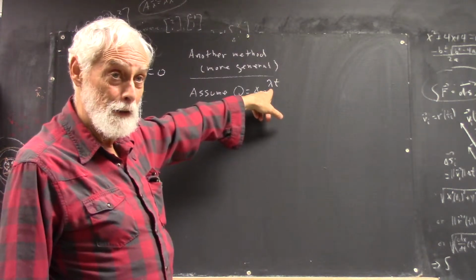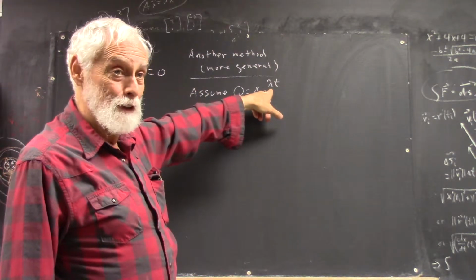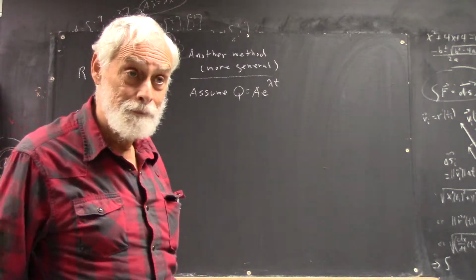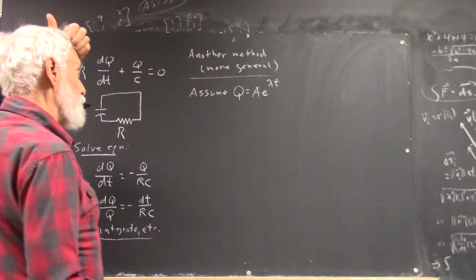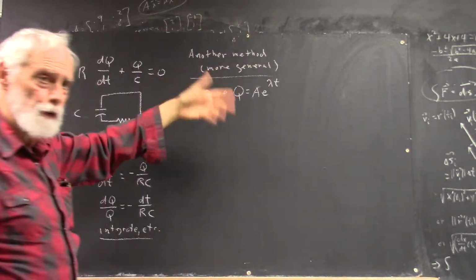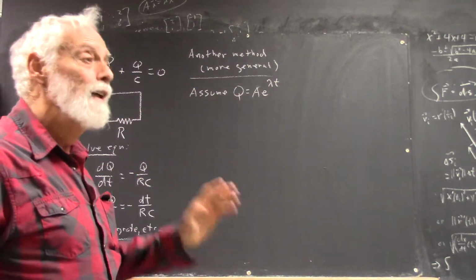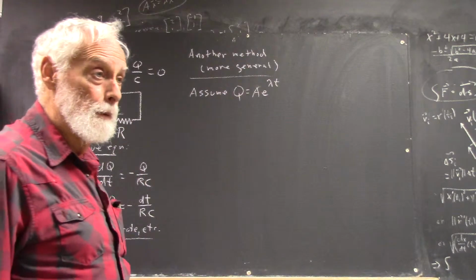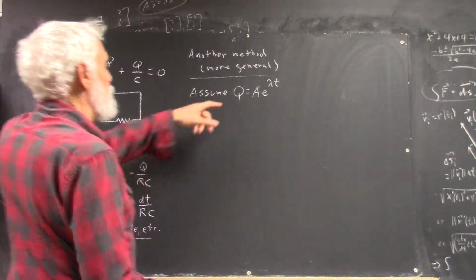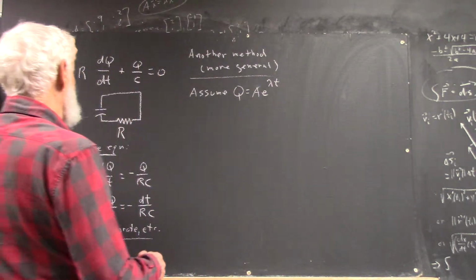They're eigenvalues, right? So really we're doing kind of an eigenvalue equation here, whether it looks like it or not. So you kind of want to keep that idea in mind because everybody's always confused about what eigenvalues are in physics and stuff like that. It comes a little later, so I'm not going to belabor it too much, but I'll make some comments on it, okay? So you assume Q equals Ae^(λt).